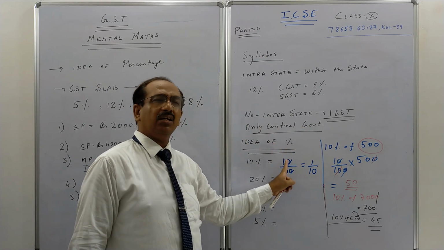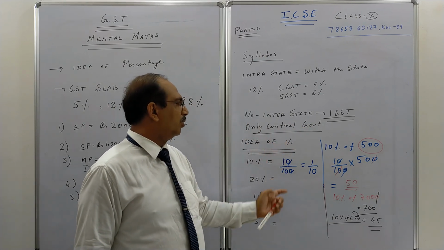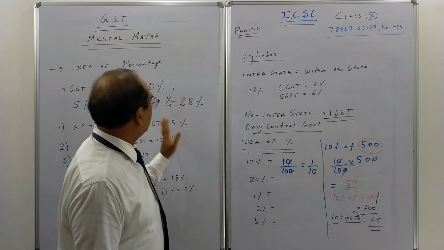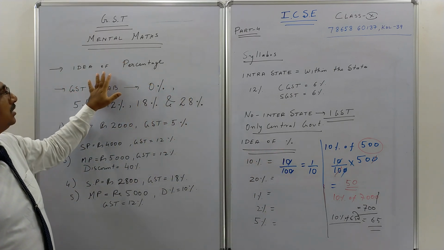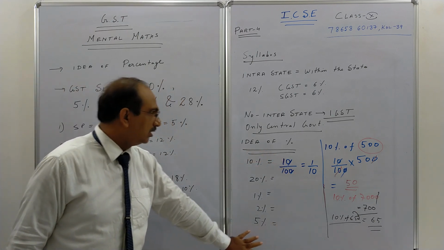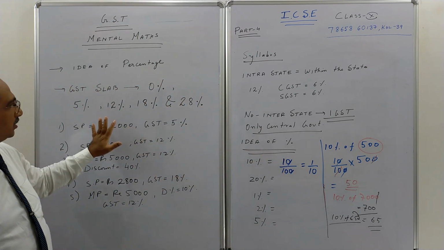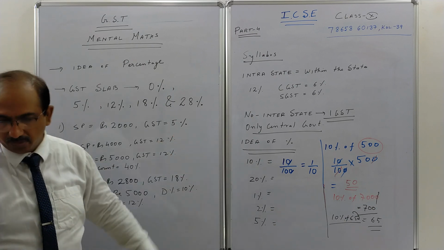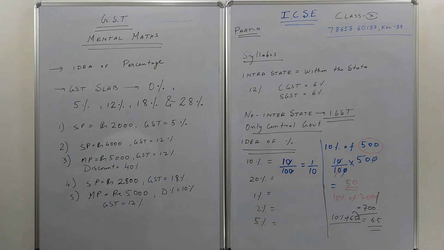Even if it is there, I'll just tell you how we go about it. And once more, the idea of GST is based on the idea of percentage. So first I'll make you understand this. I'll rub that part, then I am going to do this question for you. So kindly pause the video and copy, then we will learn how to find percentage.